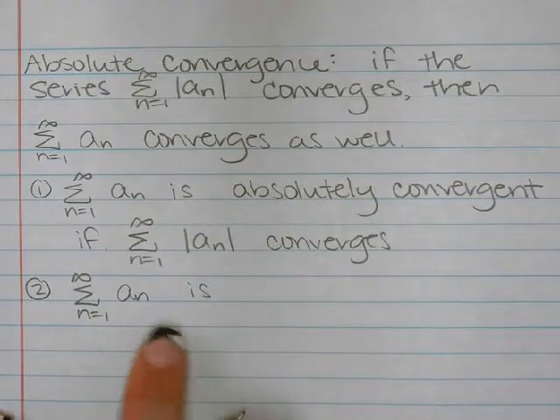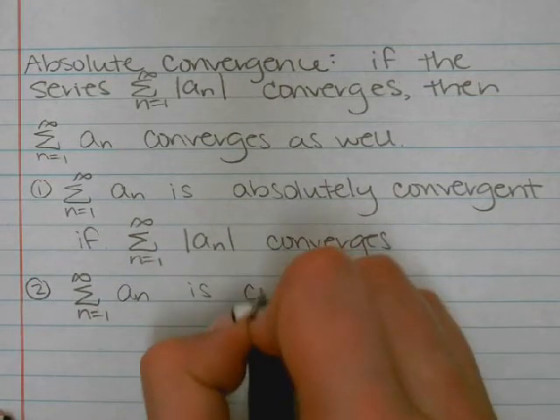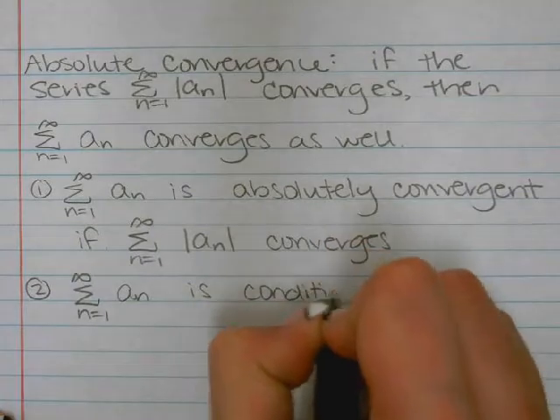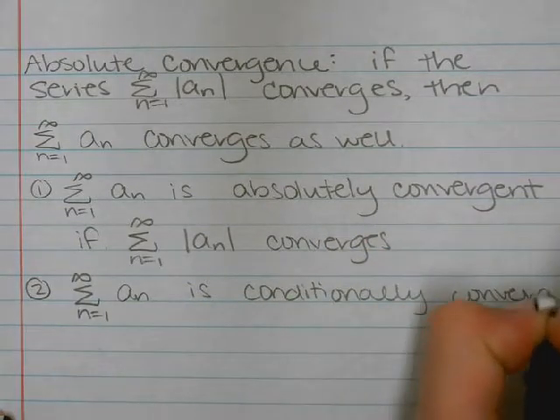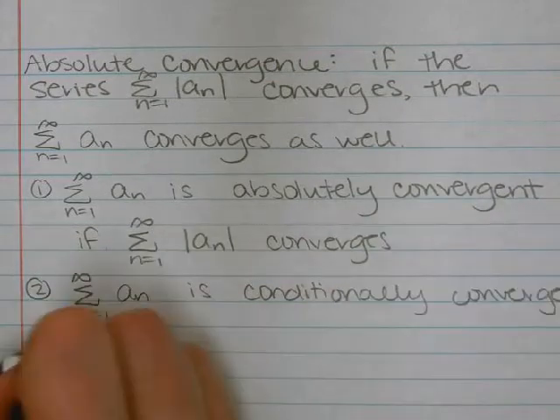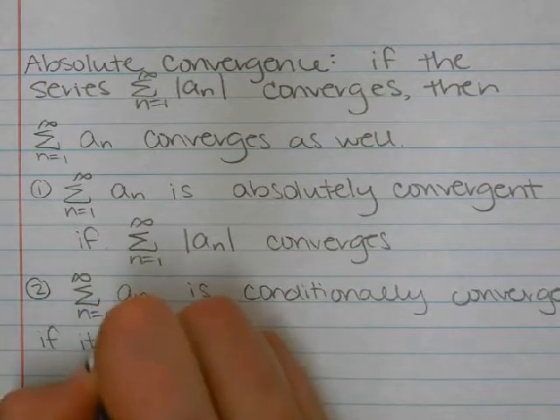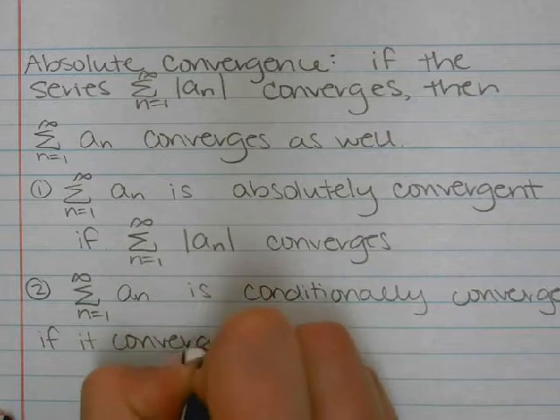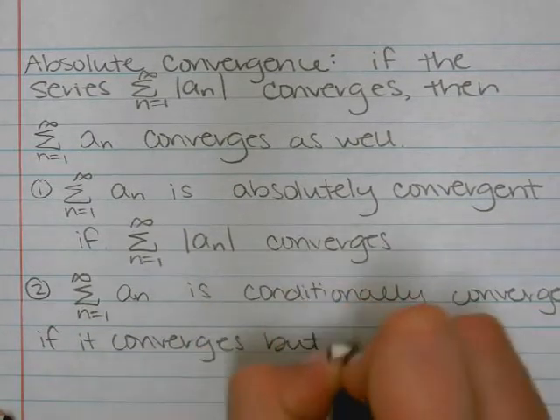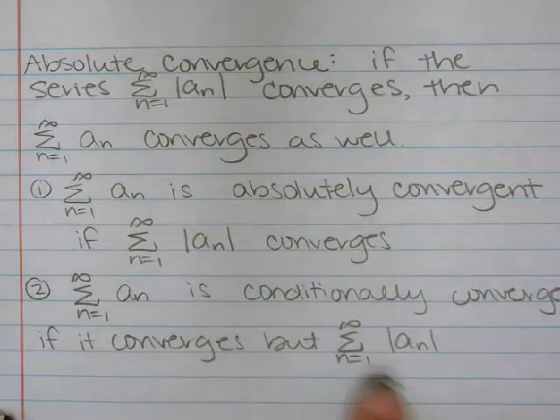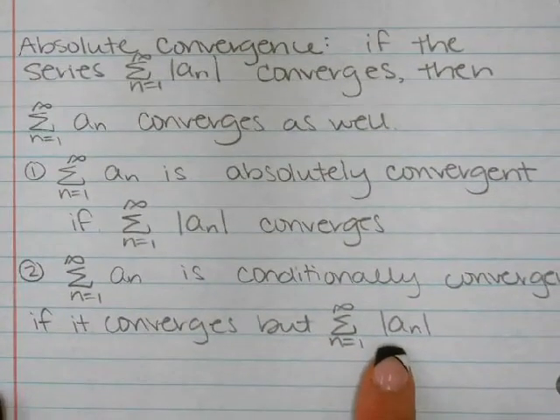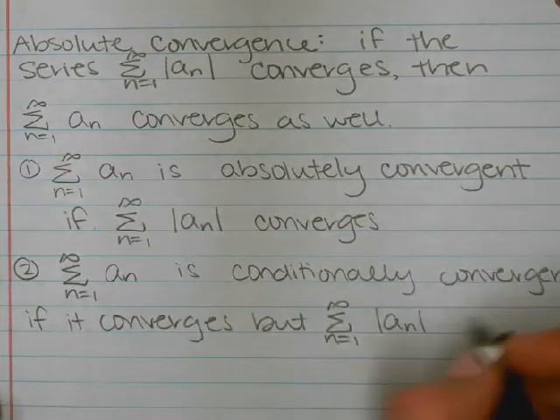And the one that alternates signs is conditionally convergent if it converges, but this other one, when you force it to not change signs, this other one right here diverges.